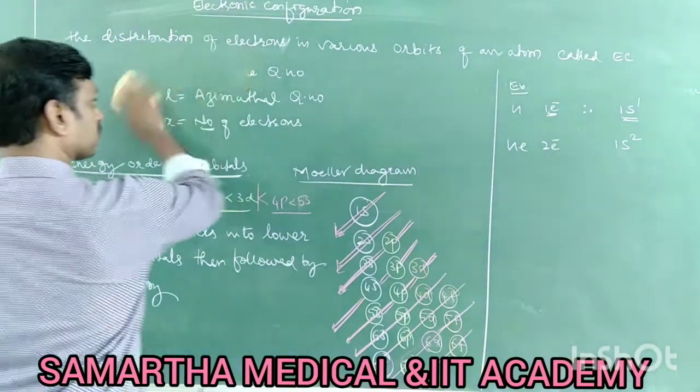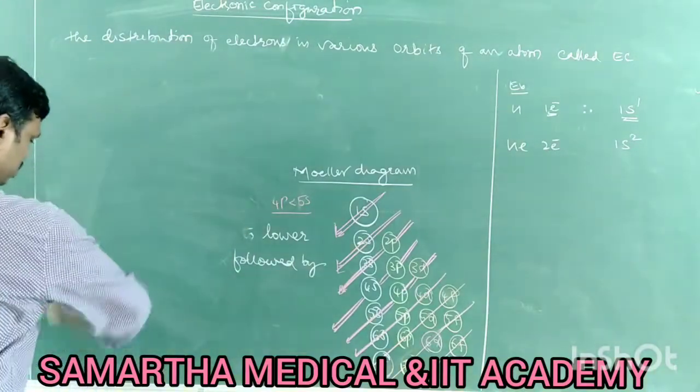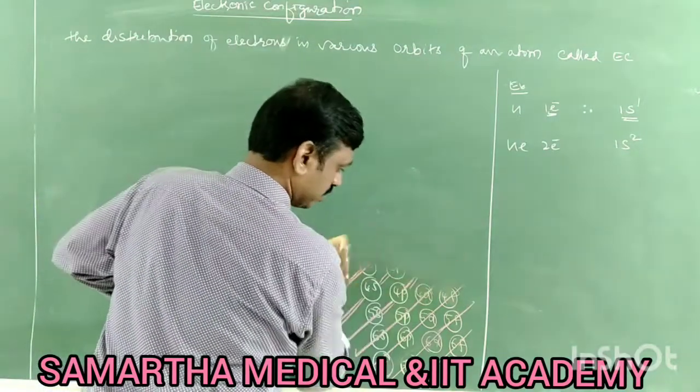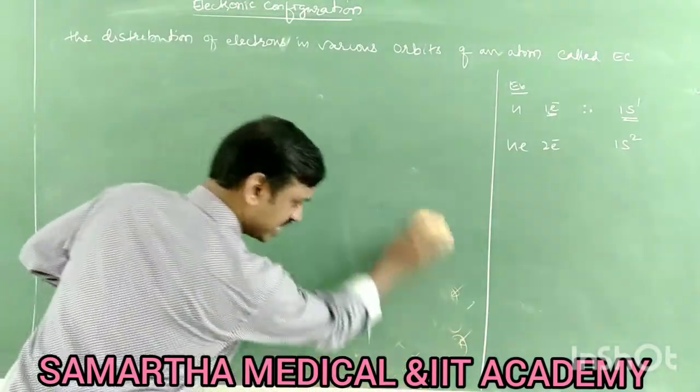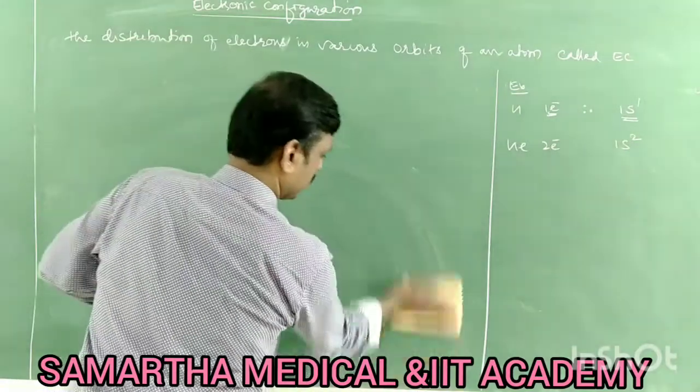This is also important. We know that an s orbital can accommodate a maximum of 2 electrons. It does not mean that an s orbital always has 2 electrons. No, the maximum is 2 electrons.